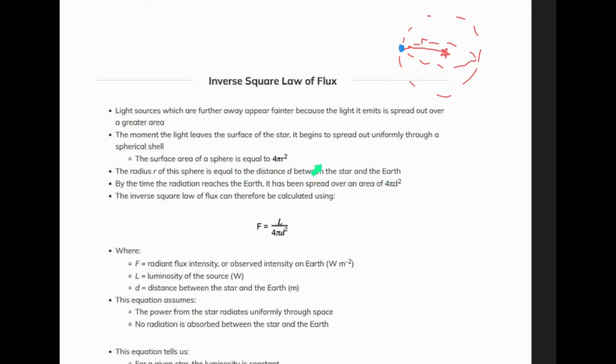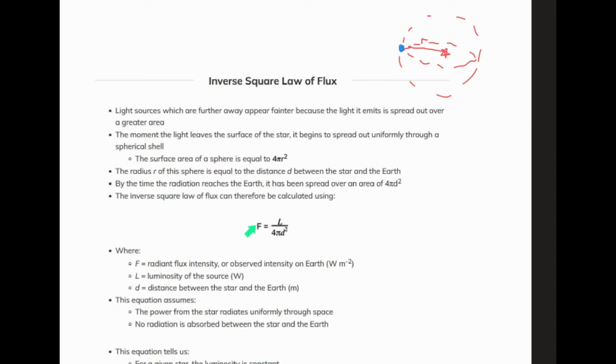So 4 pi r square and 4 pi d square are the same thing, because r is equal to d here. Then you have the surface area of the sphere, and the inverse square law of flux can therefore be calculated using this formula: the radiant flux intensity is equal to the luminosity of the source divided by 4 pi d square.